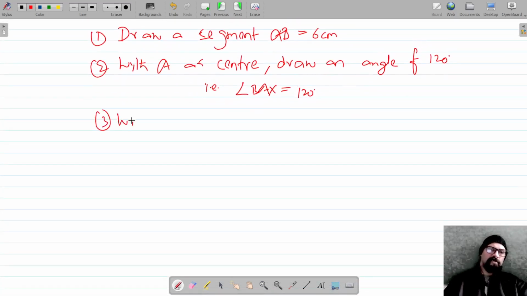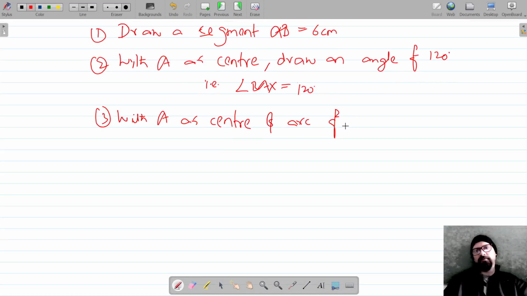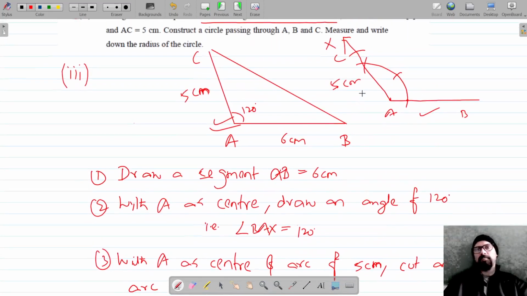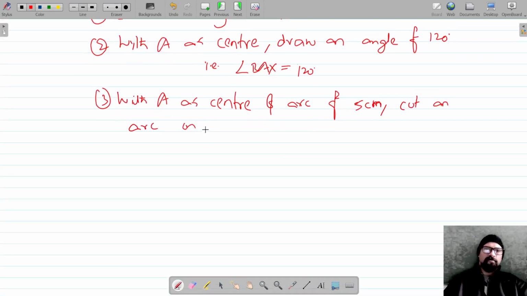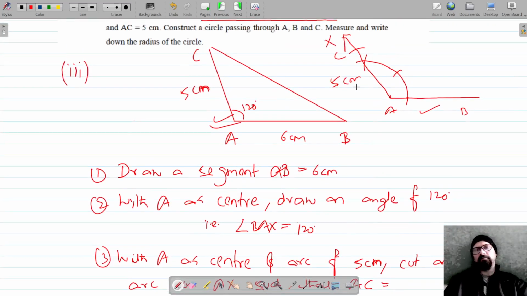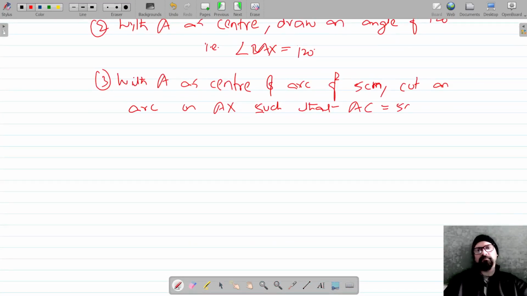So I am going to write here that with A as center, and you have to take an arc of 5 centimeter. You have to cut an arc on ray AX such that AC is equal to 5 centimeter.